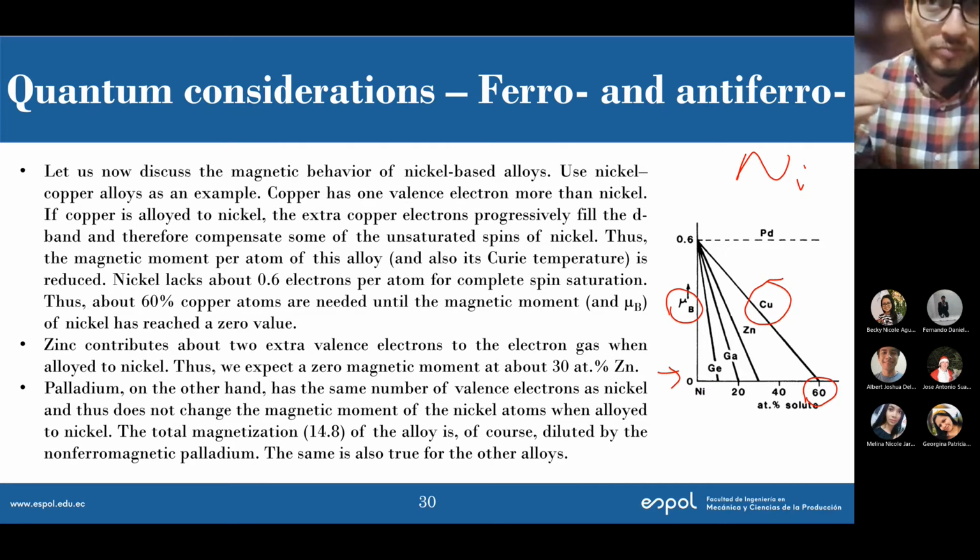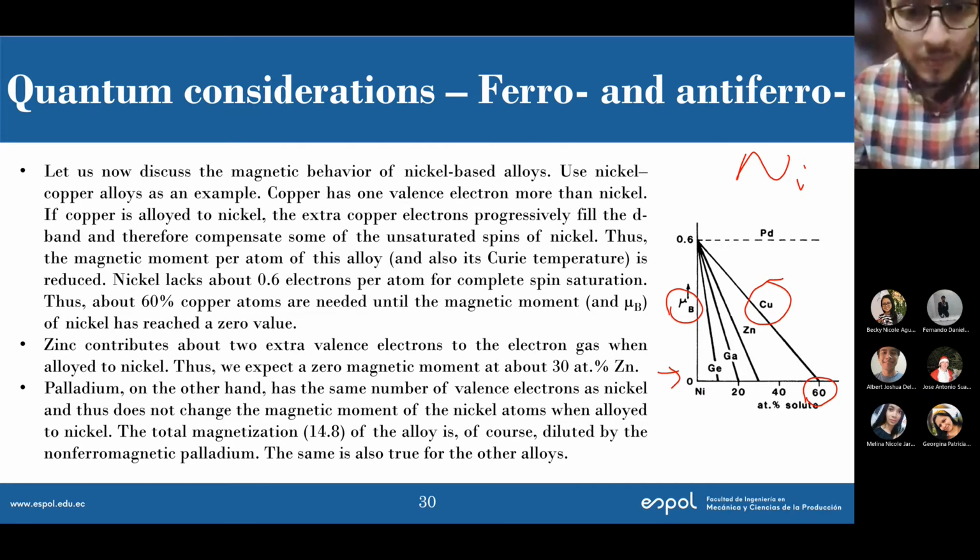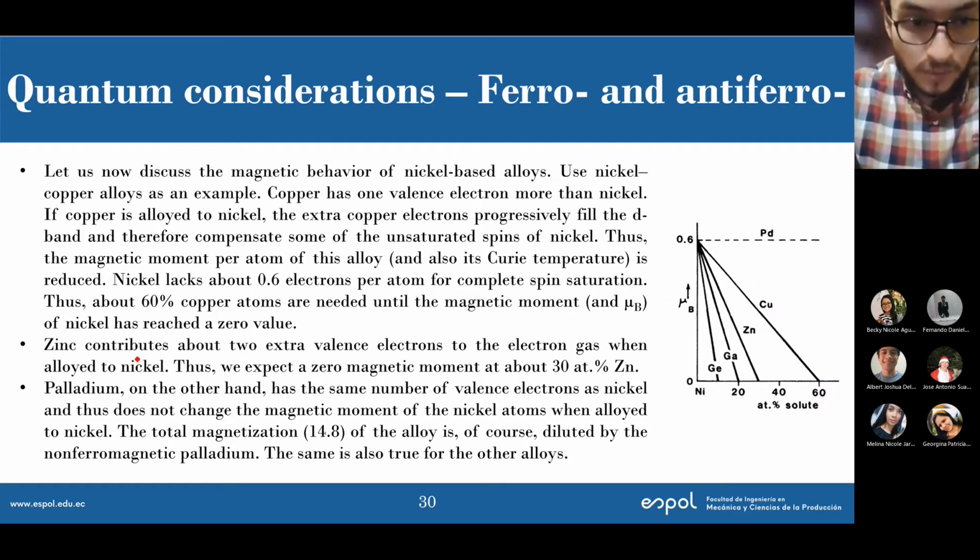So you have more electrons, it will saturate more easily, and that's why you only need around 30% zinc in order to make nickel reach a zero value of Bohr magnetons.